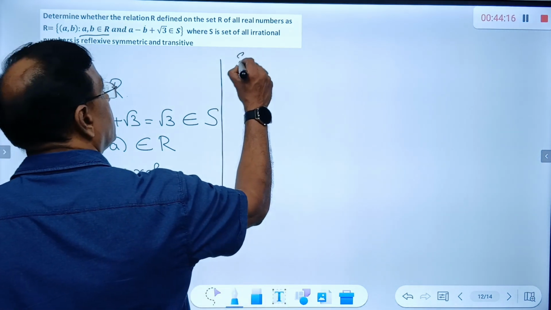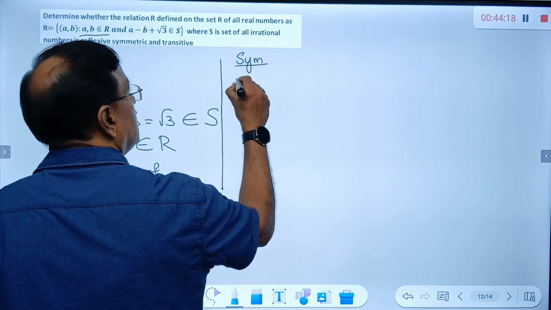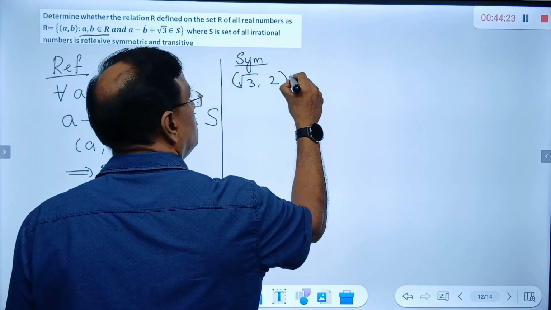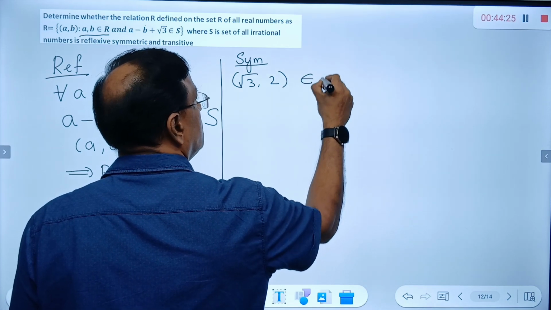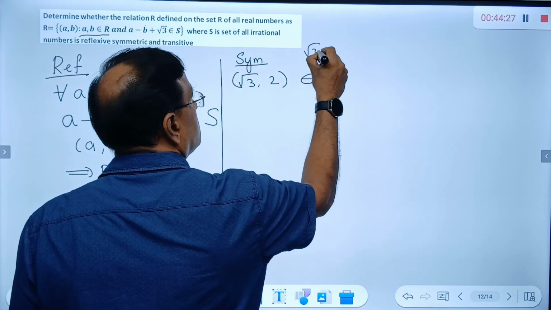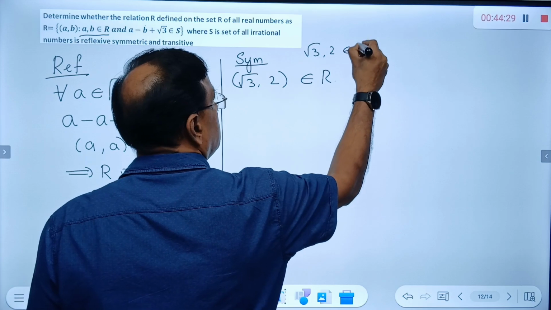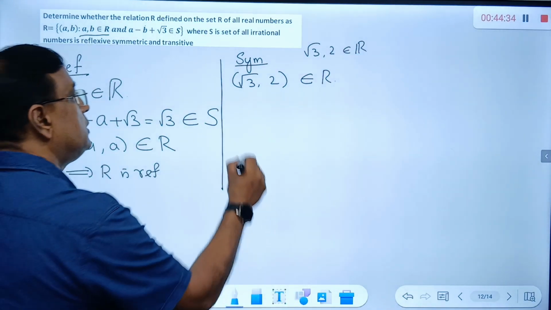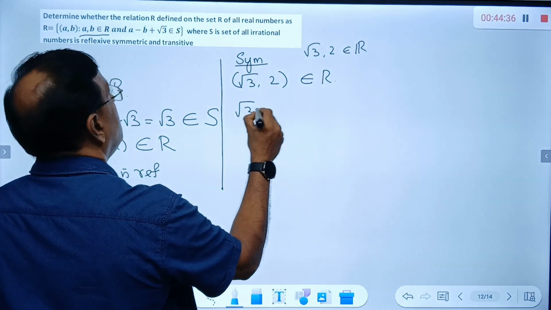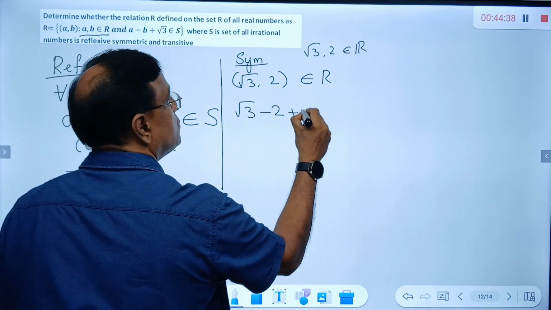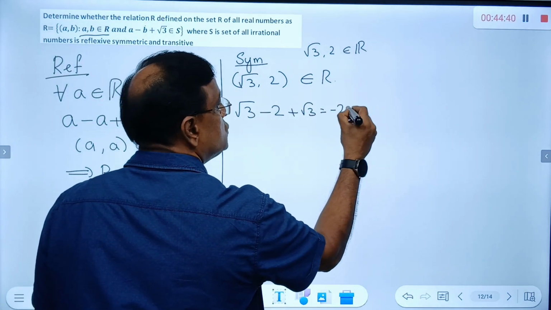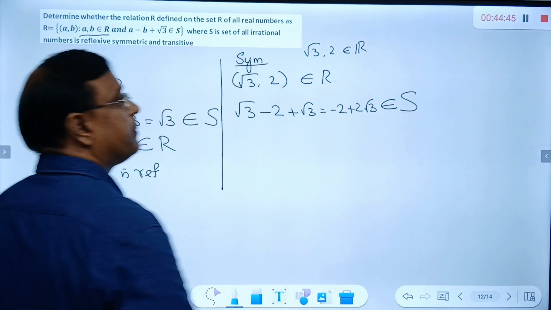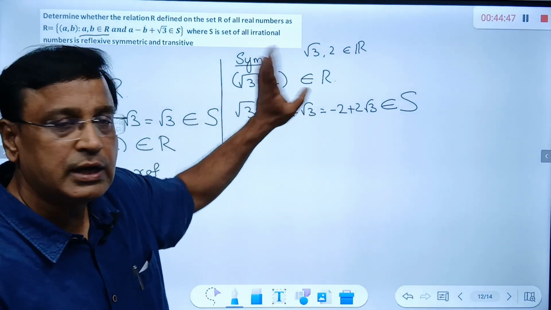Let's talk about symmetry. Let me take an example. (Root 3, 2) belongs to the relation R, where root 3 and 2 belong to real numbers. That means root 3 minus 2 plus root 3, which is minus 2 plus 2 root 3, is definitely irrational.